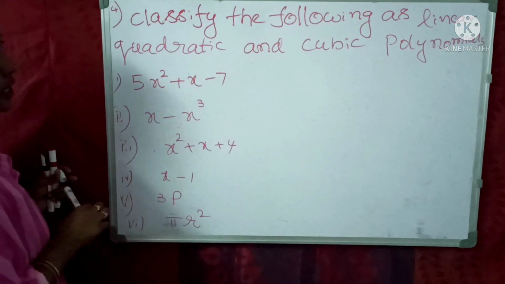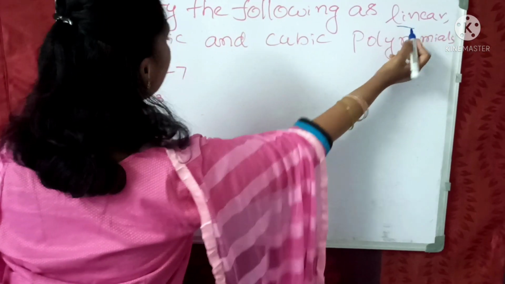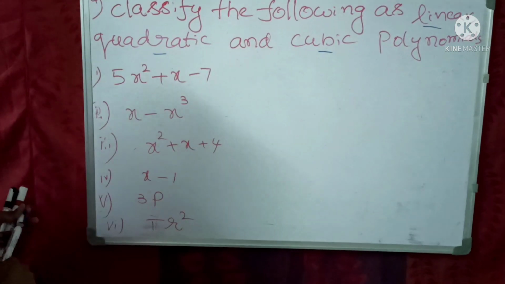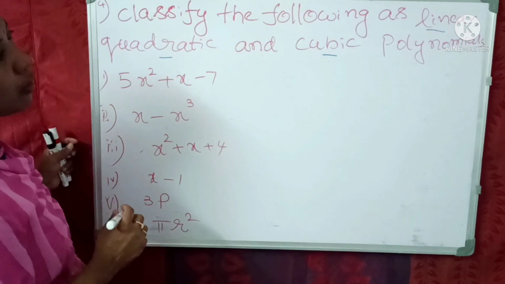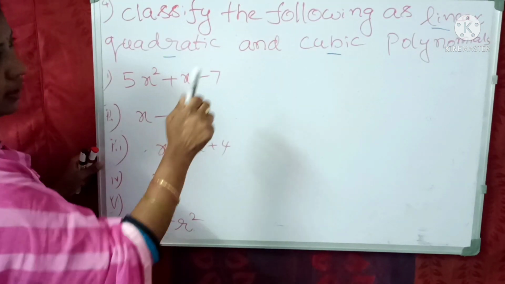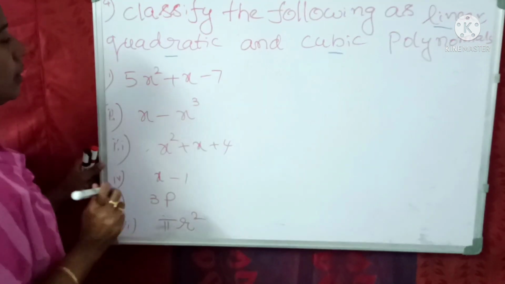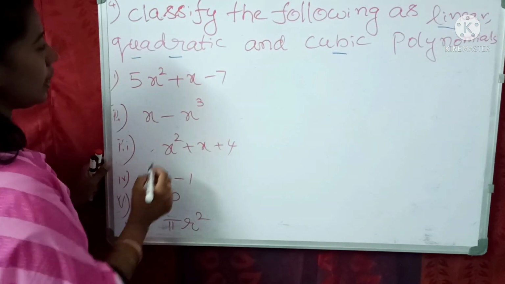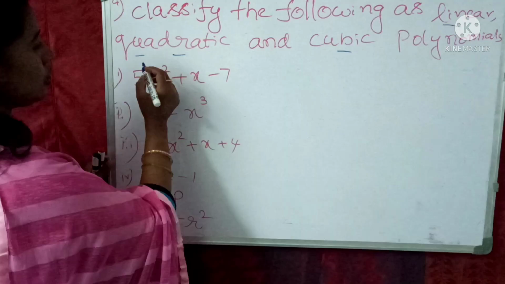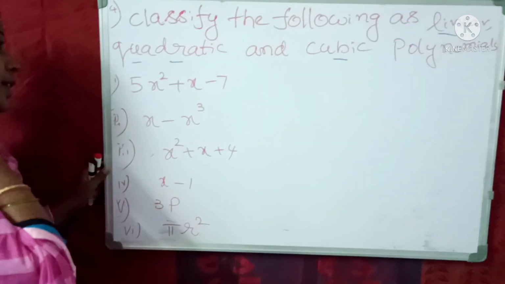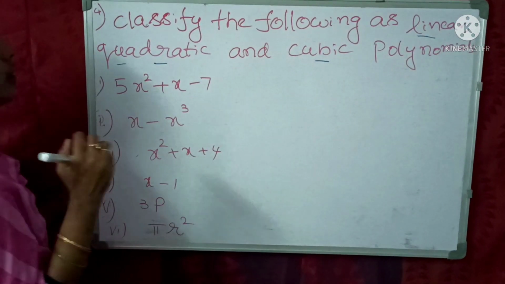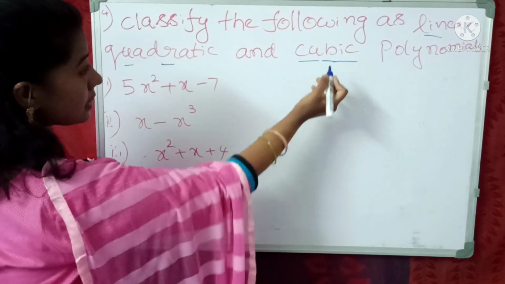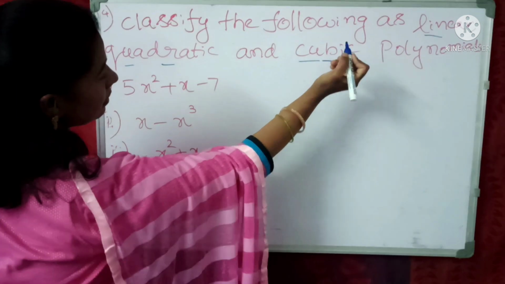We understood what linear, quadratic and cubic polynomials are. Linear in the sense the power of the given polynomial is only 1. It is a linear polynomial. And a quadratic polynomial means the power of the given polynomial is 2, that means the highest degree of the polynomial is 2. And for a cubic polynomial the degree of the polynomial is 3, and the highest power of the given variable is 3.